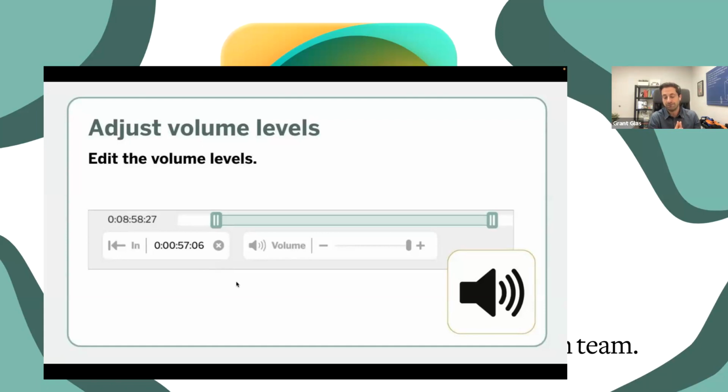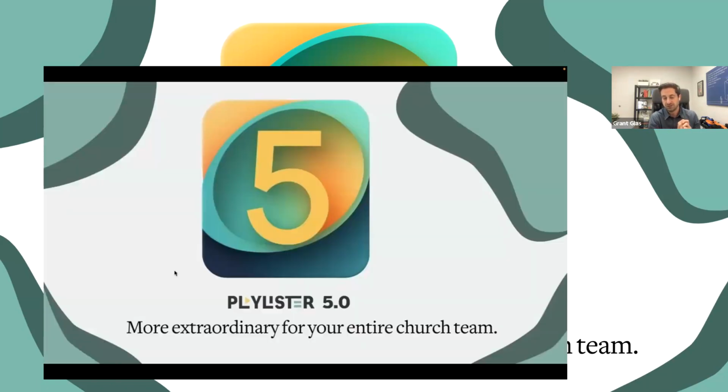So those are our features. We have permissions that gives you the ability to see who has access to what inside of Playlister. That solves a big problem. It's going to allow you to invite all of your team members into Playlister in your church and assign them screens, playlists, really get more people in to get more work done. We've got vertical signage.